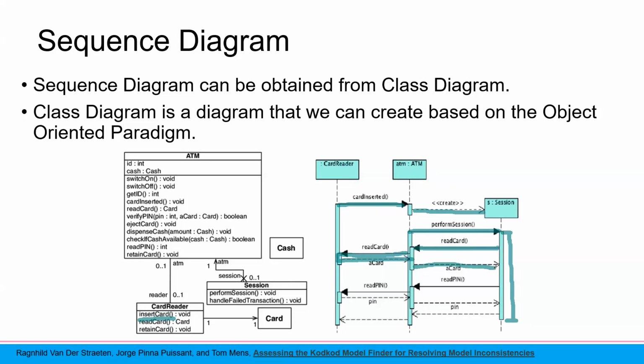Now we have the card, and we need to get the PIN. So read the PIN. The ATM will show the message, please show the PIN. After the PIN is inserted into the system, it will go to the session, and then the session will give the information to the machine, and the machine will deliver the message to the card reader.